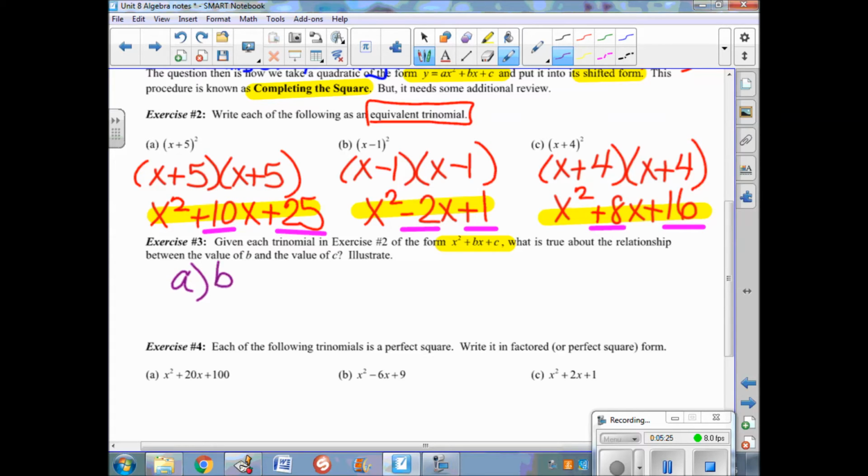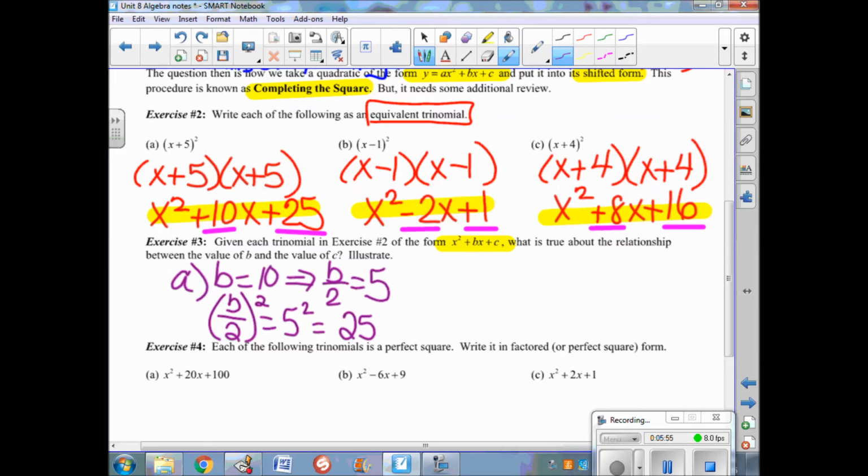Our b is equal to 10. If I took half of b, I'd get 5. And then if I took that number, b over 2, and squared it, in other words 5 squared, that equals 25. So I found kind of a funky relationship that didn't just jump out at me initially.